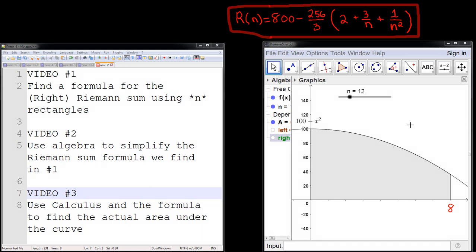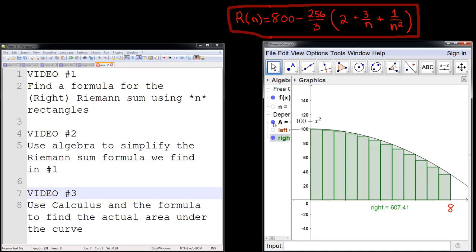What we did in the previous videos, and what I have sitting up here at the top of the screen, is a formula that, if you tell me how many rectangles to use, will return the right-hand Riemann sum for that number of rectangles.